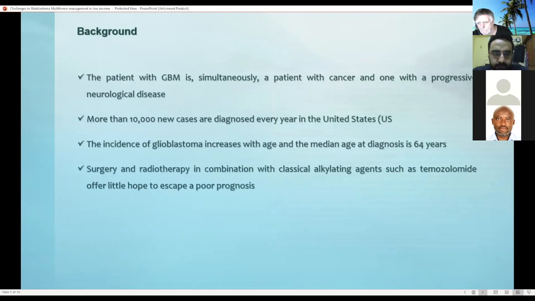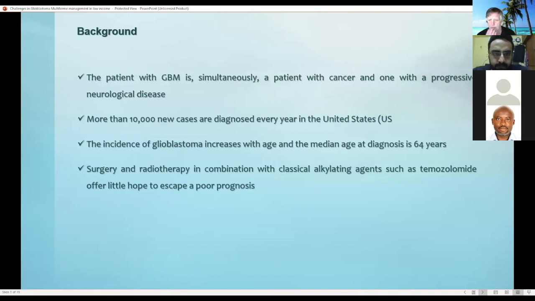This evening I want to highlight that a patient with a GBM is simultaneously a patient with a cancer and one with a progressive neurological disease. More than 10,000 new cases are diagnosed every year in the United States, according to the literature.